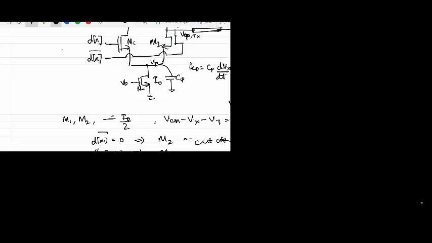So you can always have, let's say, one case where your crossing point is lower, and another case where your crossing point is higher.